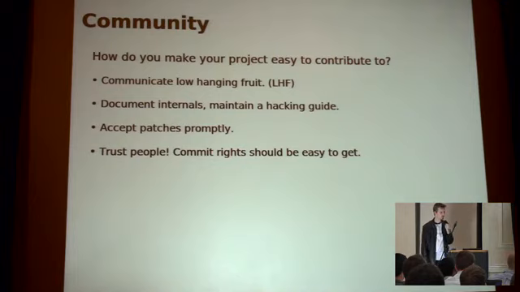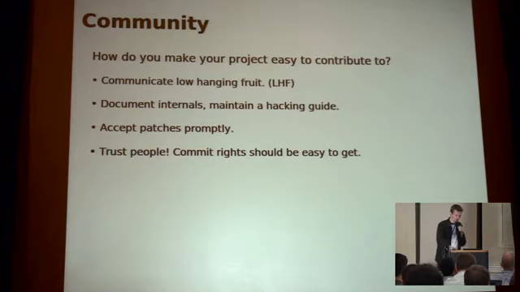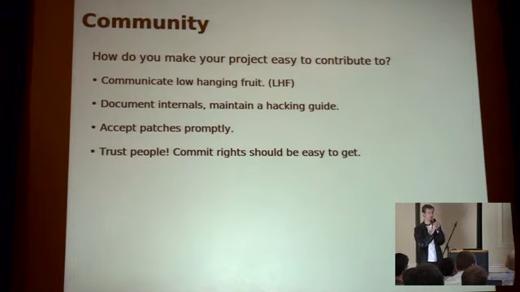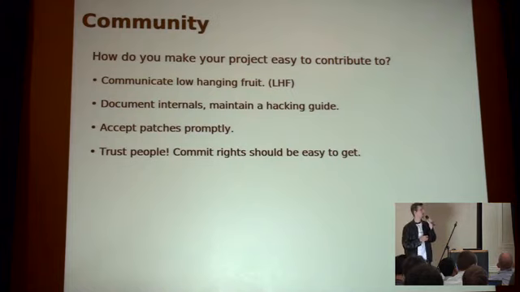I've had to revert less than 10 commits in the whole 3 or 4 year life of this project. So the lesson there is if you trust people and treat them like responsible adults, they'll generally act like it. And sometimes people don't want commit rights, and that's fine too. That's just people being straightforward about, I don't think that would be a good idea, don't trust me. But people tend to respect that if you show them that respect. So that's a big deal.